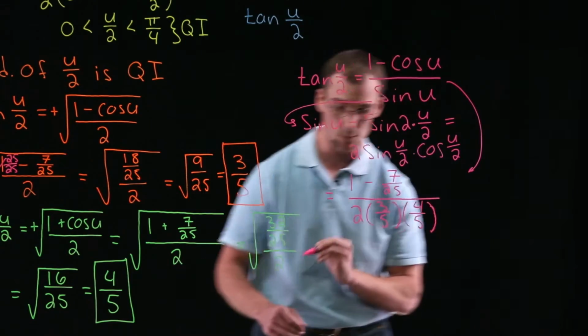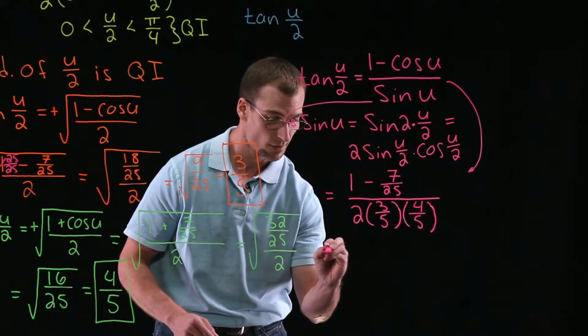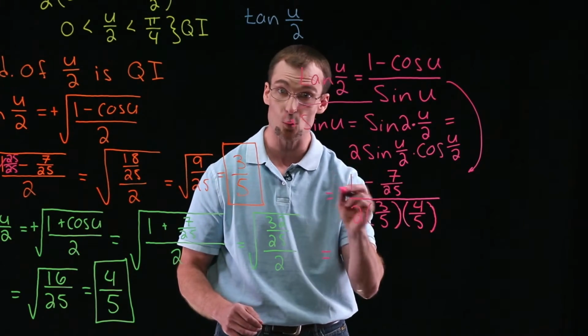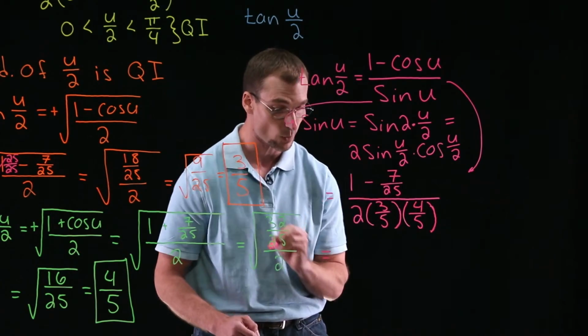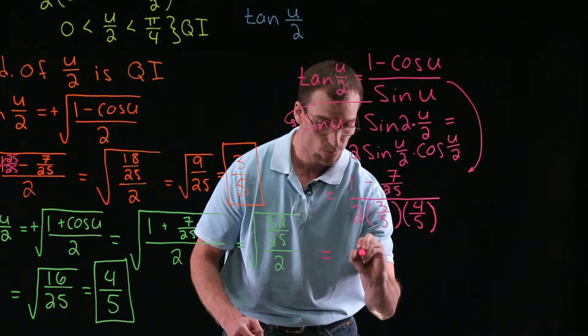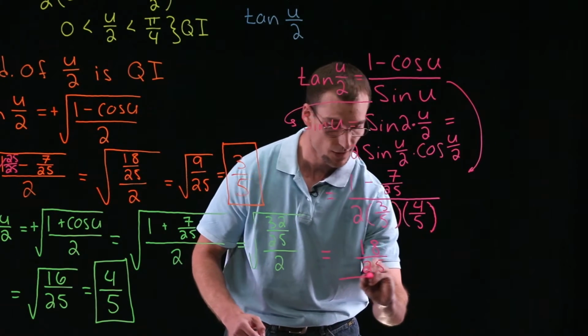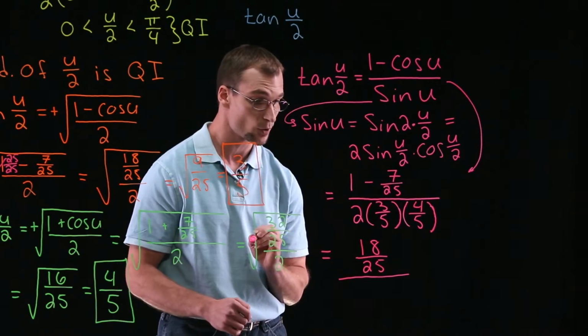We'll simplify this a little bit. 1 minus 7/25, think of this as 25 over 25 minus 7/25, which gives us 18/25 in the numerator.